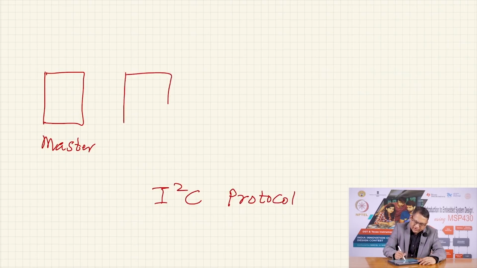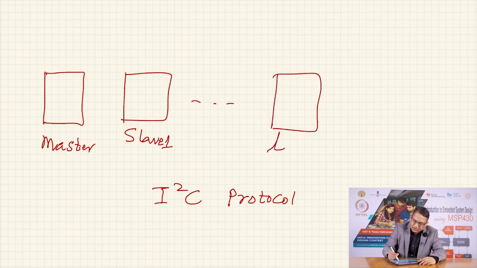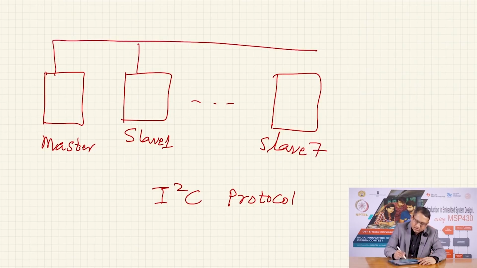You could have slave 1 and up to slave 7, using only 2 wires, and let me draw the second wire with a different color. You would of course need a pull up resistor on both of these wires.